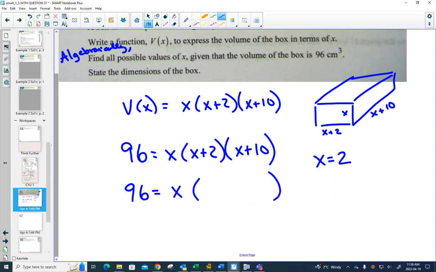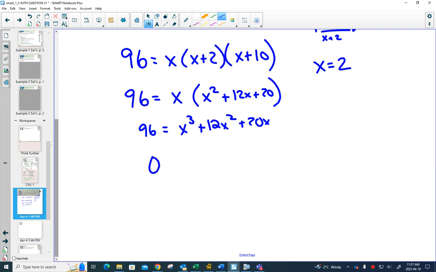I'm going to multiply these first: x squared plus 12x plus 20. Then multiply the x, x cubed plus 12x squared plus 20x. And then I can move the 96 over to the other side.